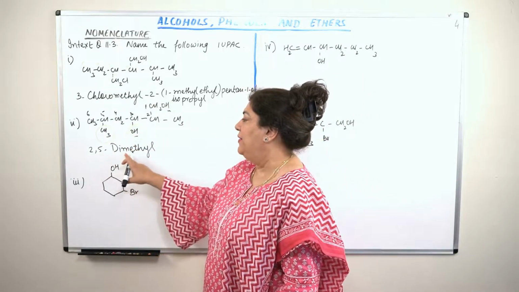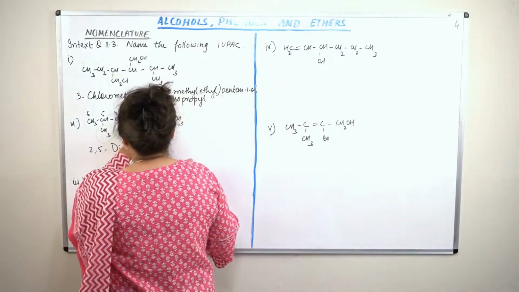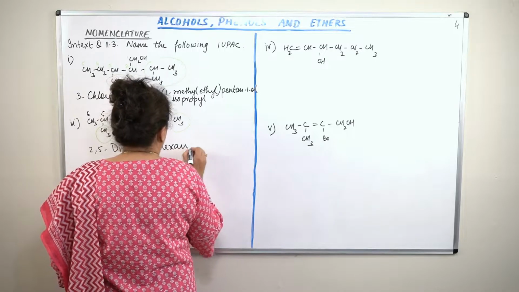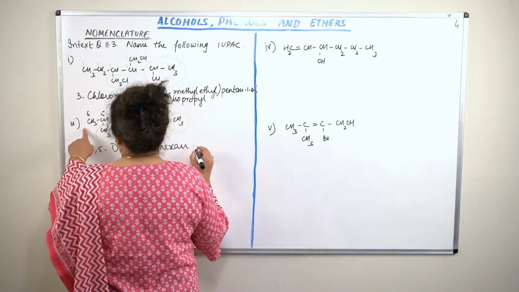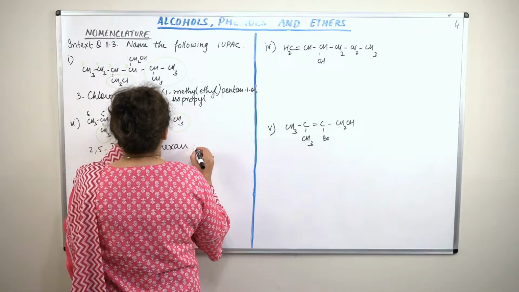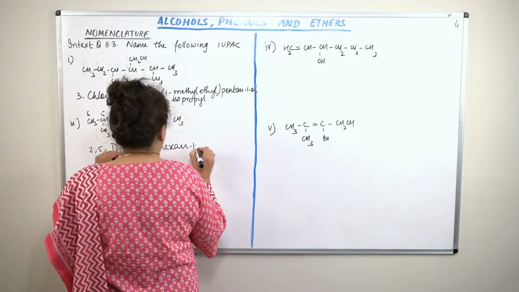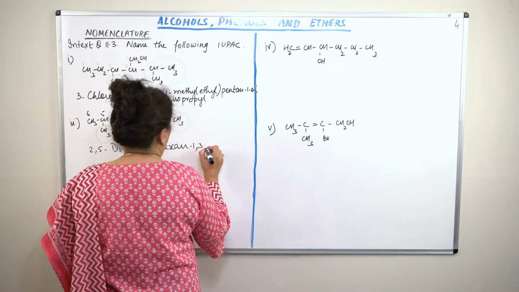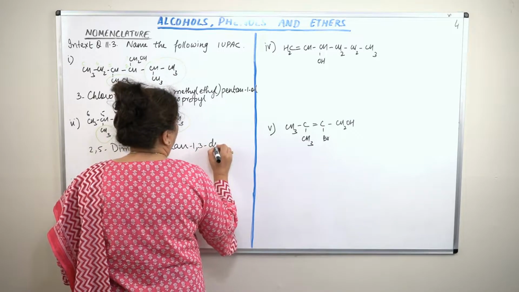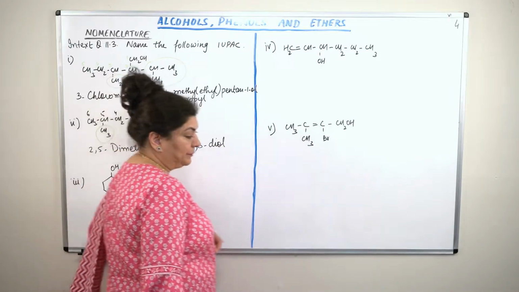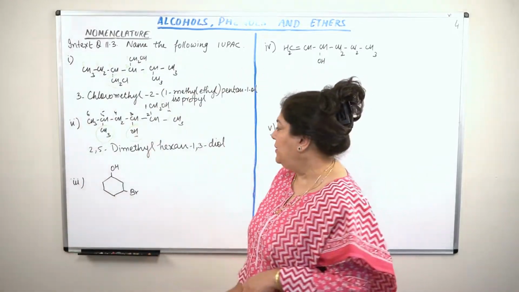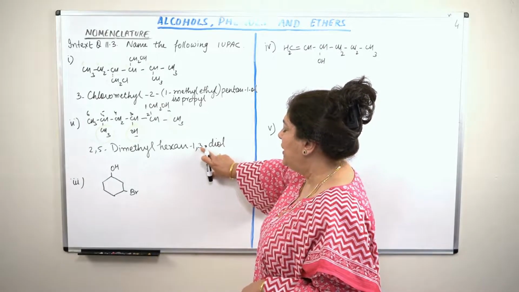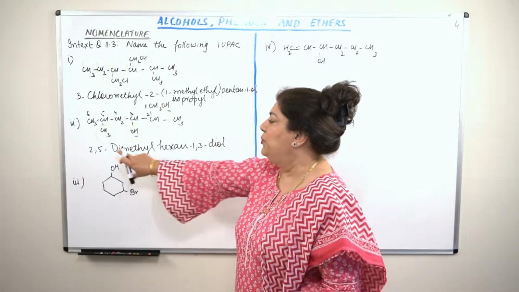So 2,5-dimethyl and hexane-1,3-diol, right? Hexane-1,3-diol. There are commas when you have multiple locants, but on the 2 sides you put hyphens.